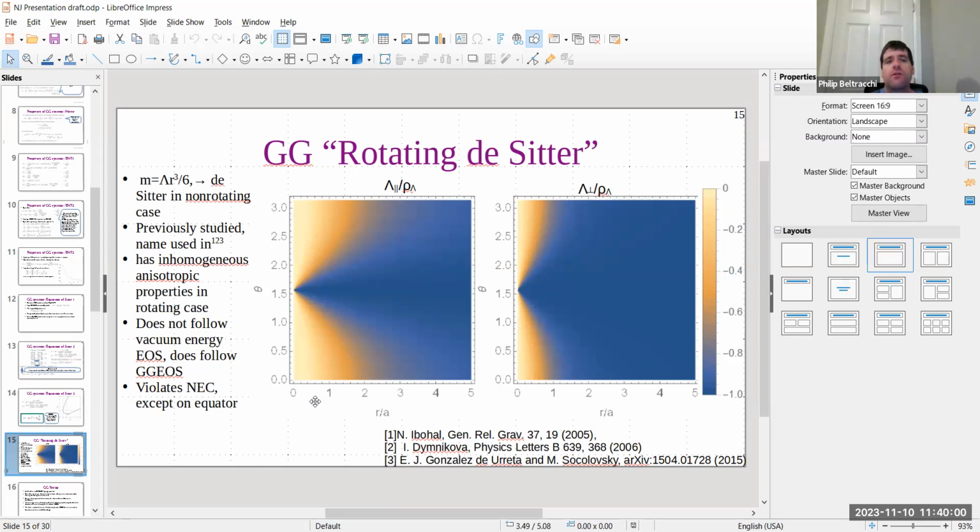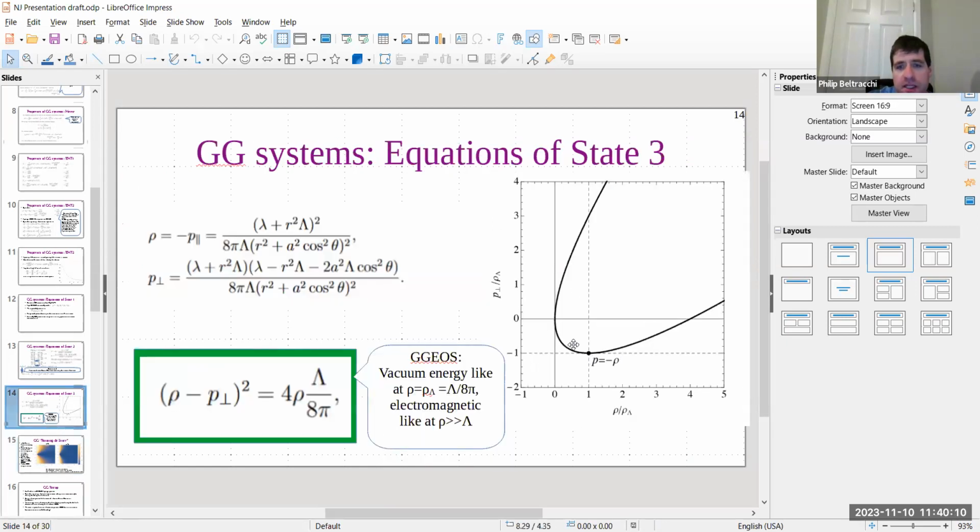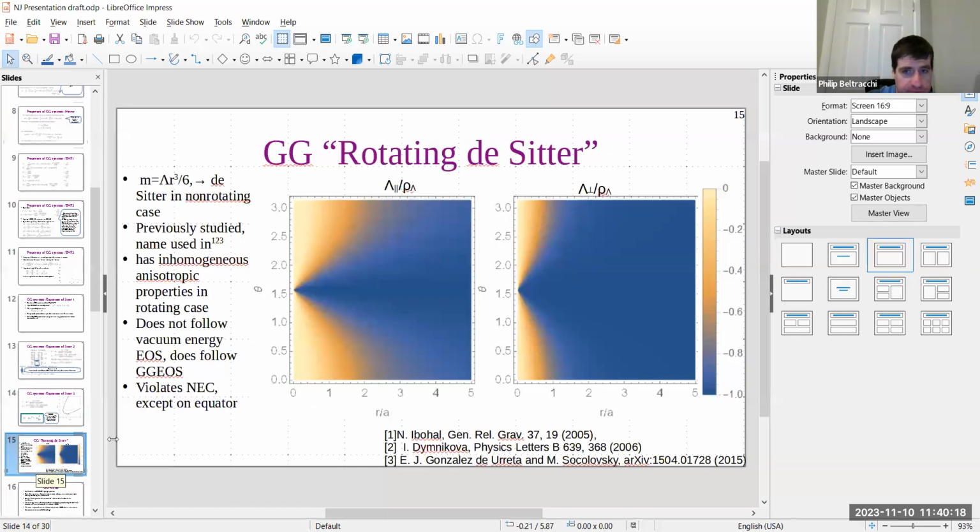However, it does still follow the equation of state given on the previous page. Specifically, the different points are somewhere in this region of the graph.